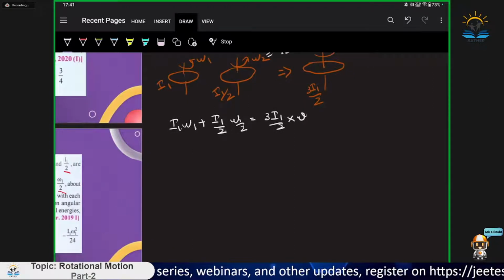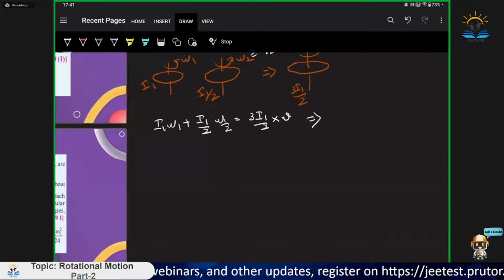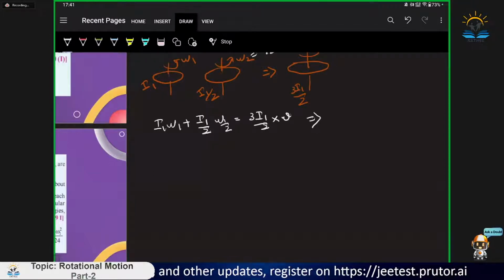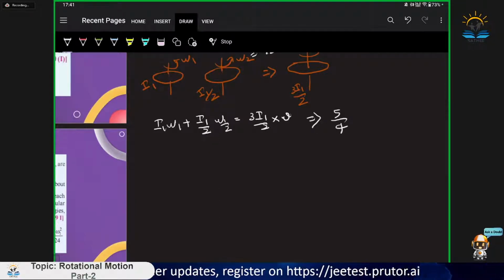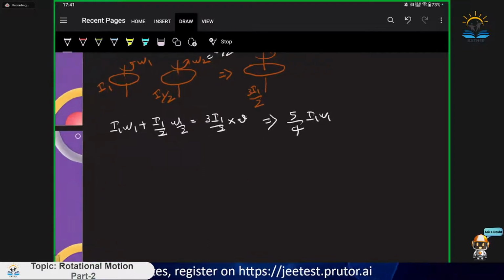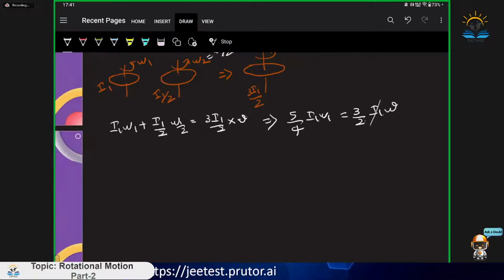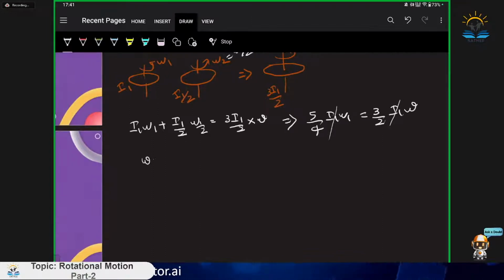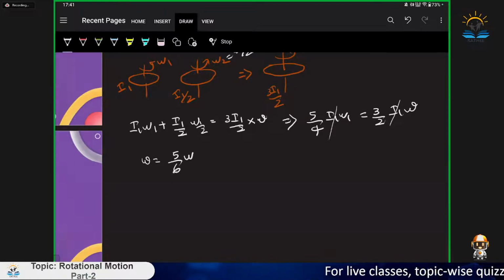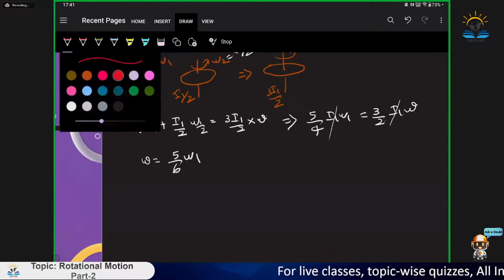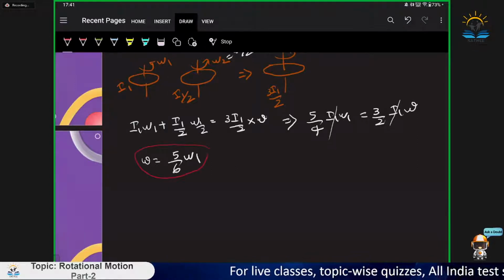So we get I1 omega 1 plus I1 by 2 into omega 1 by 2, that is 5 by 4 I1 omega 1 equal to 3 by 2 I1 omega. I1 cancels, and omega will be 5 by 6 omega 1. This will be the final angular velocity.